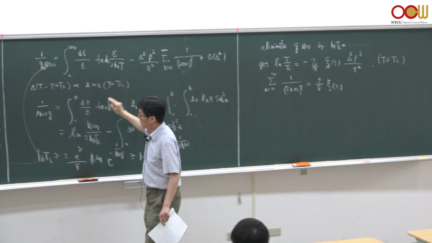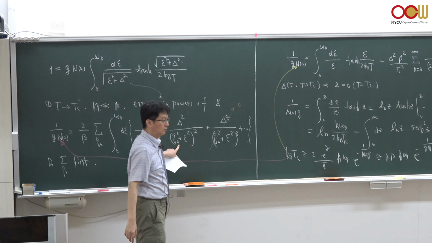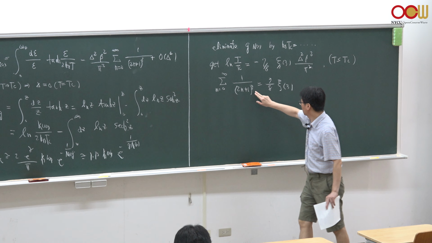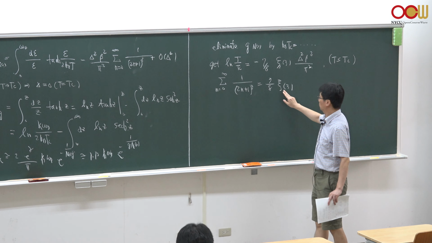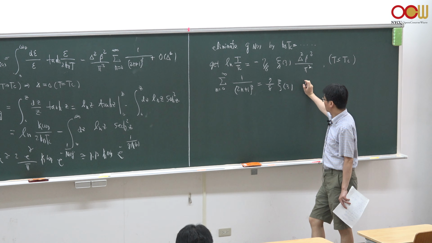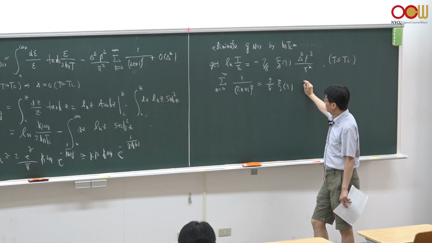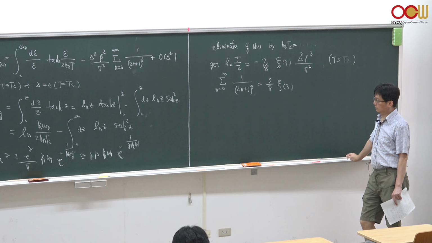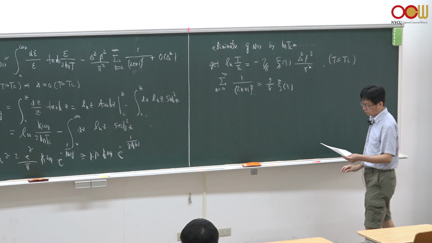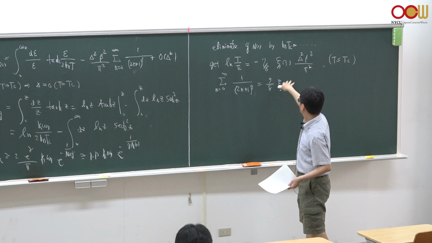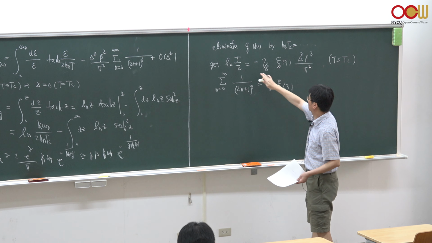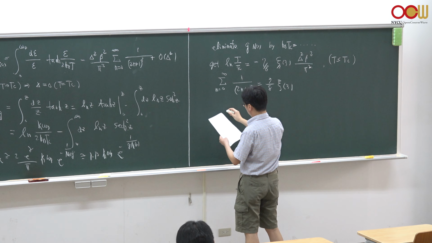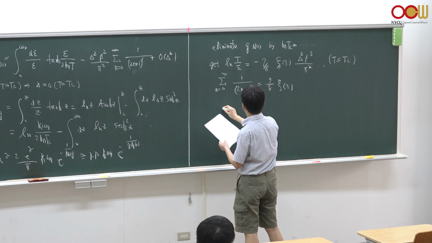This is the term you get when you sum over the Matsubara frequency. When you do so, you find that this is nothing but the special Riemann zeta function, zeta of 3, times 7 divided by 8. So you could plug this in here, and you get the gap as a function of temperature. So what you get is this.